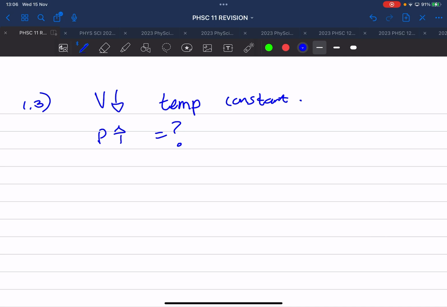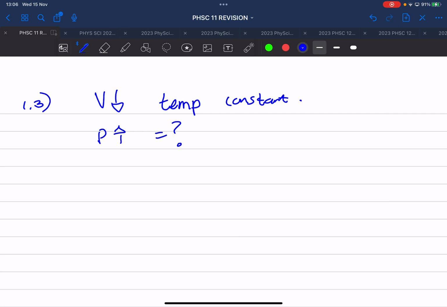A, they say the gas particles move faster. B, the number of gas particles increased. Did you add particles? No, that's not necessary. C, there is a greater distance between gas particles. No, you decrease the distance. D, a greater number of collisions per unit time take place against the container walls.